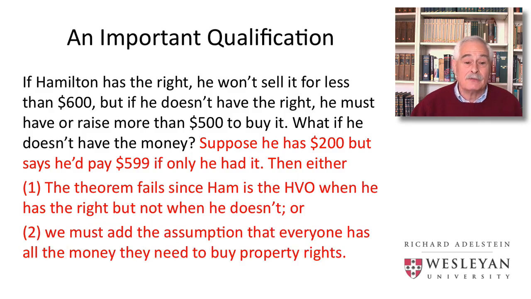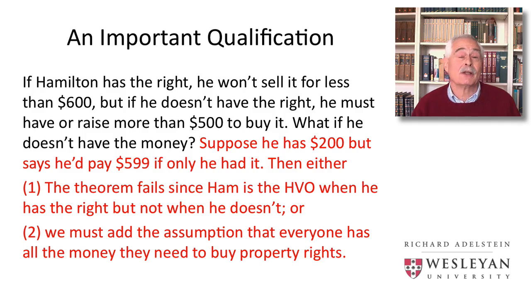The alternative is that we simply assume that this problem will never arise. That is, we might assume that each party to the potential transactions at stake in the example has access to enough money to make whatever purchases of property rights they feel the need to do.